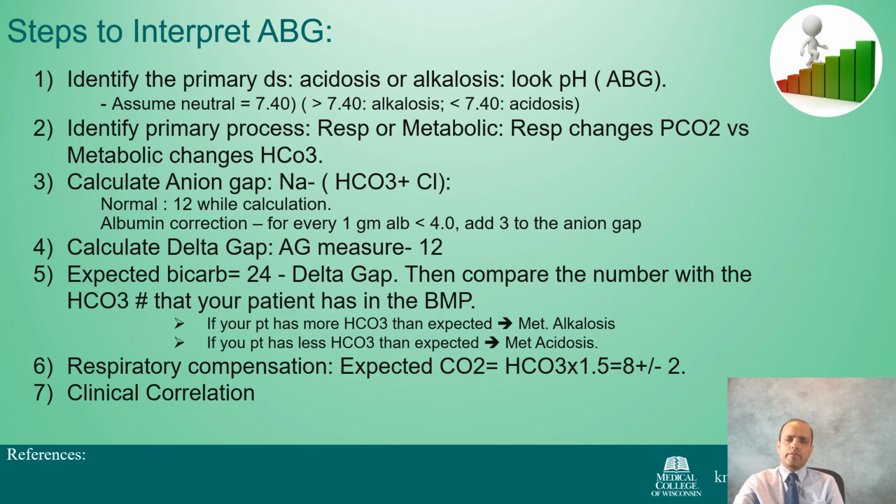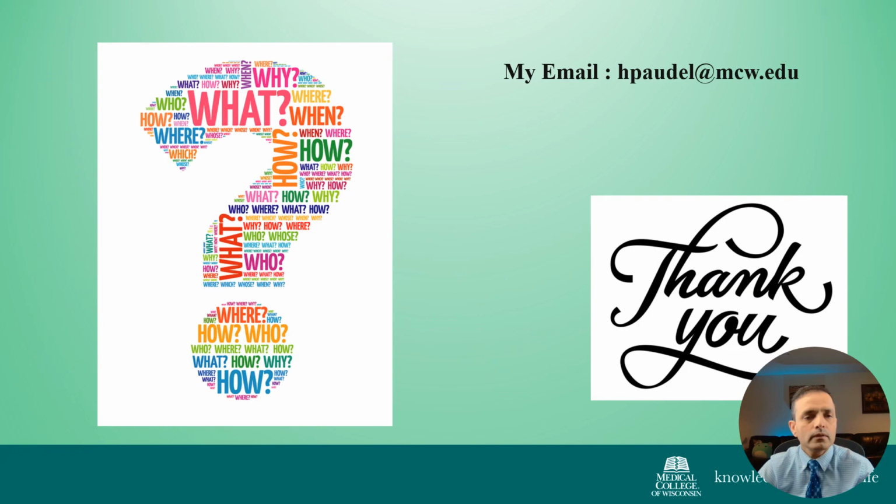If the ABG carbon dioxide is higher than what you calculated, then the patient has a respiratory acidosis. If the patient's carbon dioxide is less than what you calculated, it's a respiratory alkalosis. And then you try to fit the combination of metabolic and respiratory disorder, paint a picture with those three pieces of information that you just got, and come to the diagnosis.